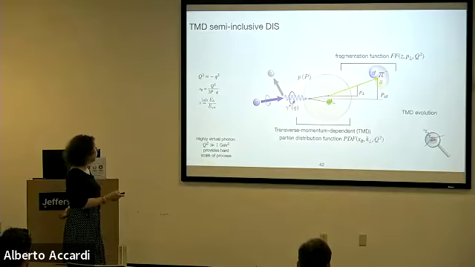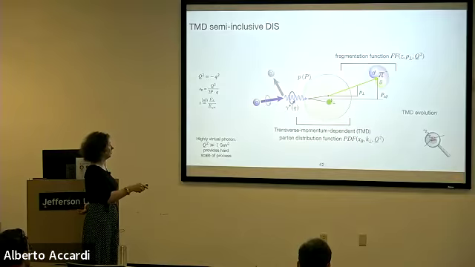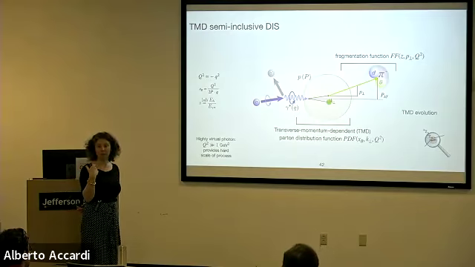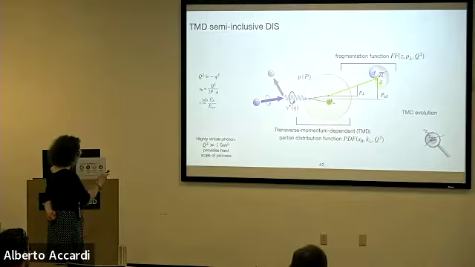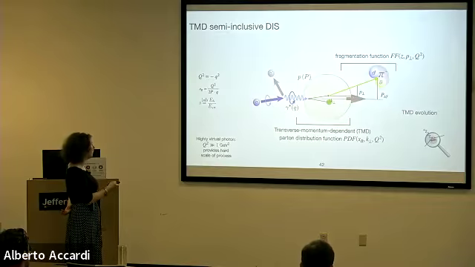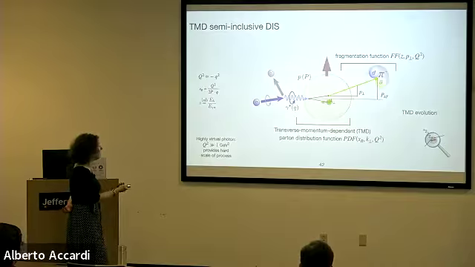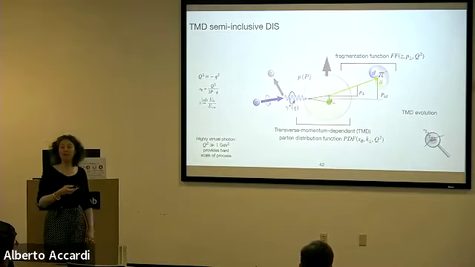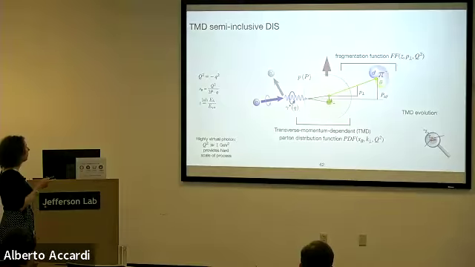And as before, we also get a dependence on Q squared. But this dependence is different than the one we had before. It's more complicated, but it's there too. And as before, we can have a longitudinally polarized nucleon. You can transversely polarize it, and then your quark can be longitudinally polarized or transversely polarized. So nearly any type of combination.